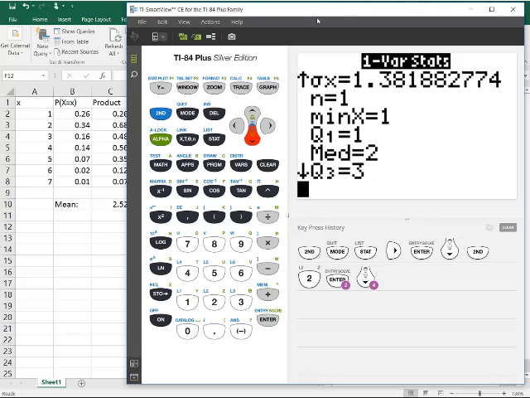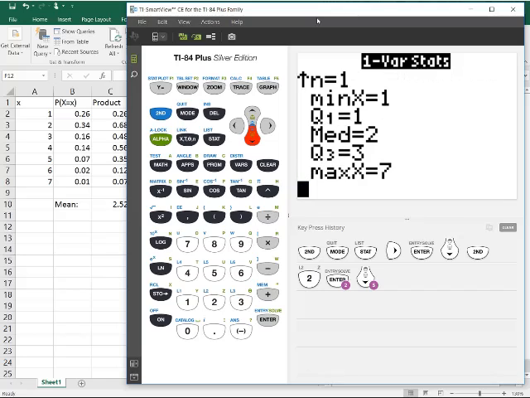Also, if you continue to scroll down, you'll see the computation for the median, which is helpful. You'll also see Q1 and Q3, which we won't be as interested in.